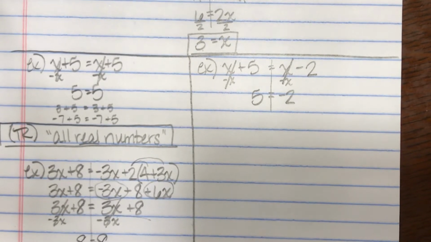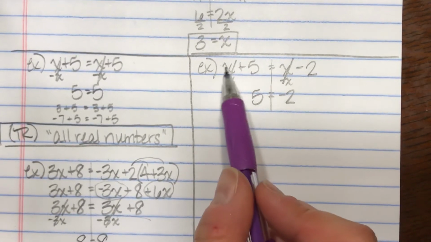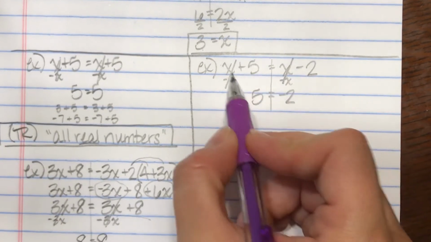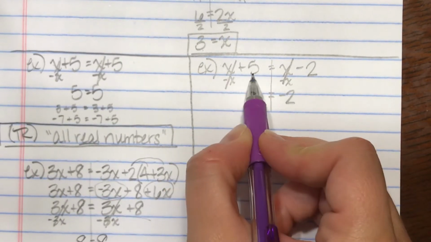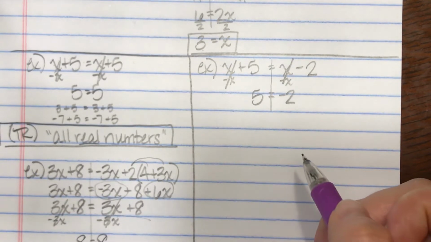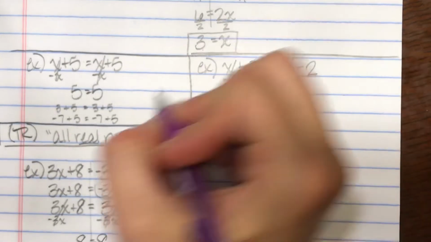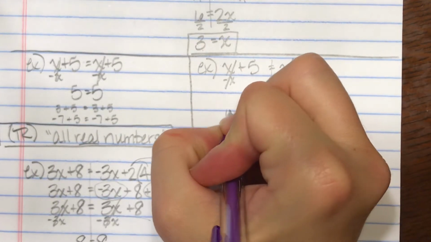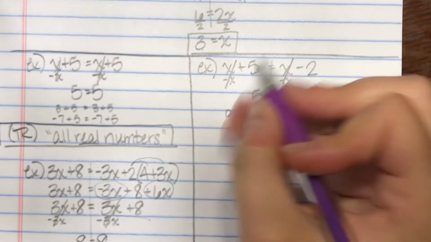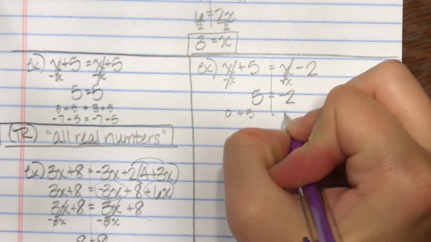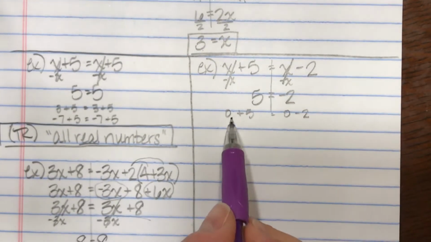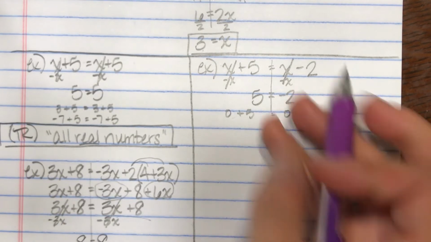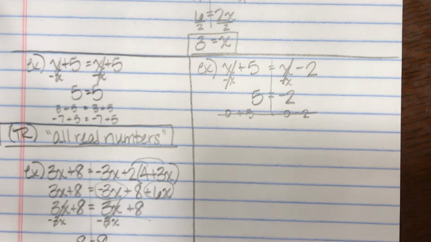5 doesn't equal negative 2. It never will. No matter what I plug in for x, there's not a single number that will make the same result by adding 5 to it and subtracting 2. I can test it out here. A lot of times people think 0 will work, so let's see if 0 works. 0 plus 5 and 0 minus 2 would make 5 and negative 2, so that does not work.